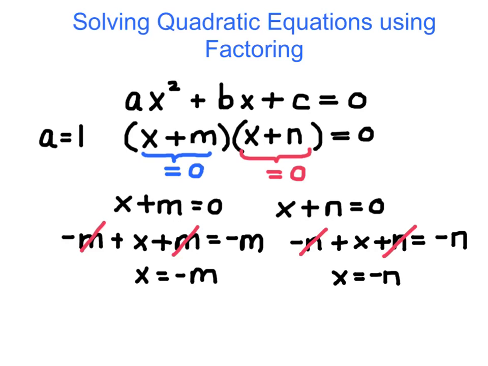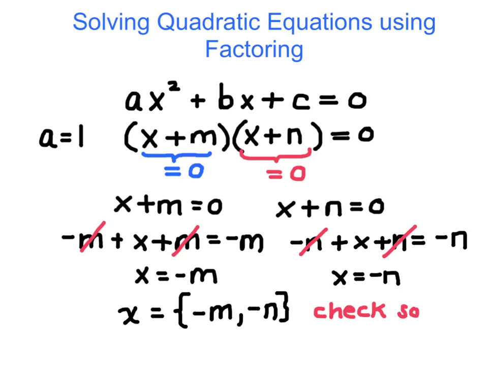So our possible solutions for x are that x can equal either negative m or negative n. And we should certainly check our solutions. So let's try this with an example.